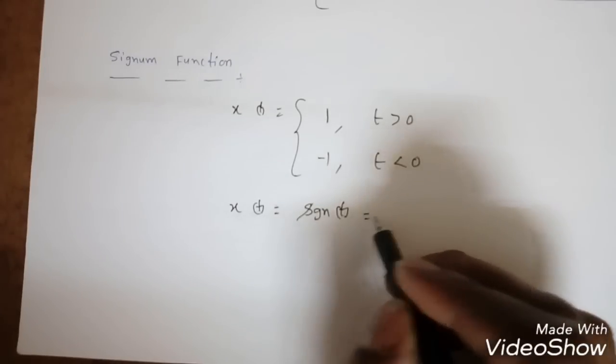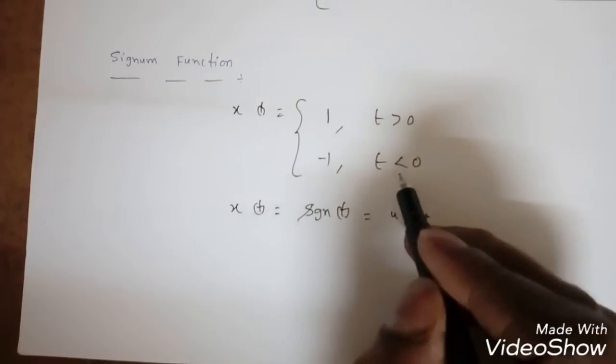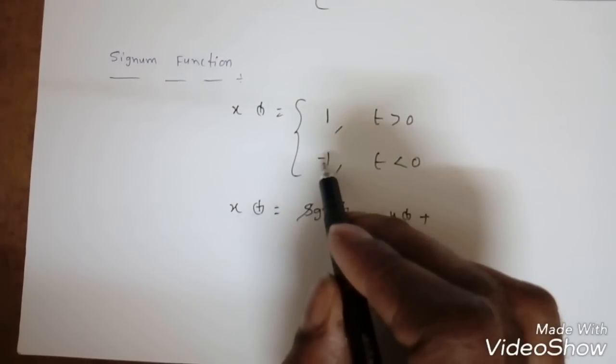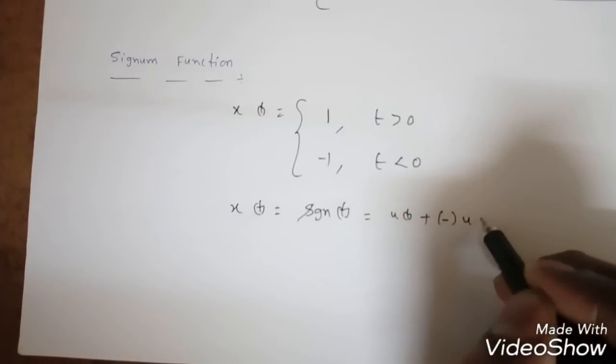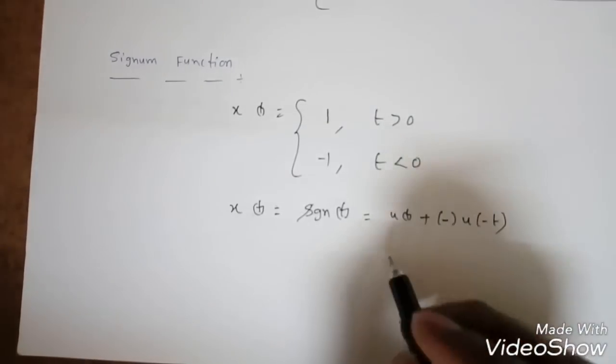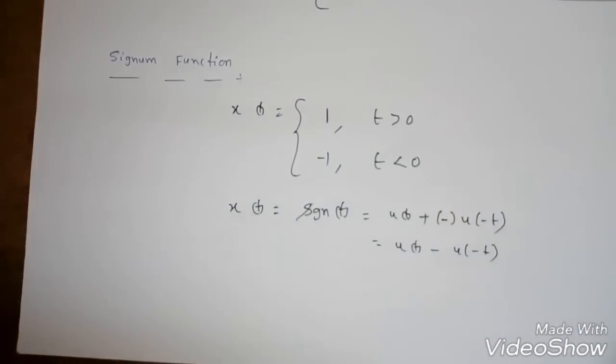For t greater than 0 we can write u of t, plus for t less than 0 it is minus 1, so we can say minus u of minus t. So sgn of t equals u of t minus u of minus t.